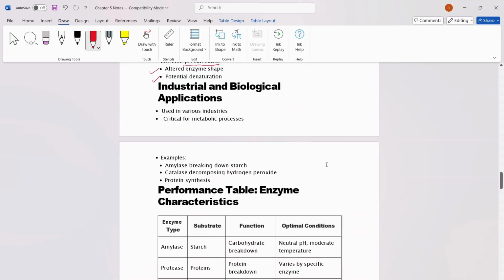Industrial and biological applications are used in various industries, critical for metabolic processes. Some examples are amylase breaking down starch, catalase decomposing hydrogen peroxide, and the synthesis of protein.